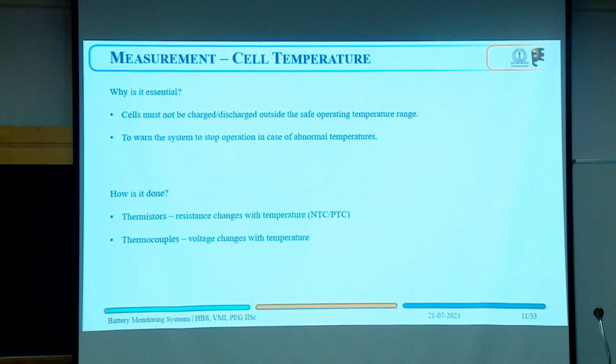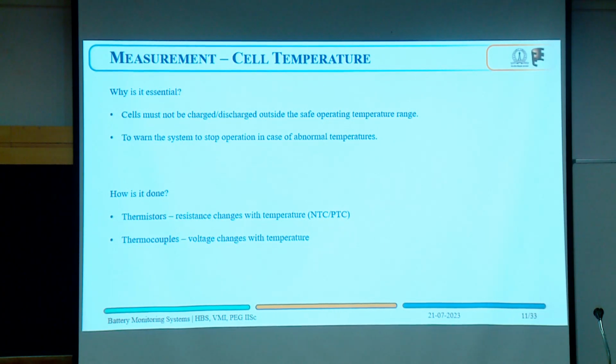So how is it done? We can measure the temperatures by using thermistors, which are like resistors. Its resistance changes with temperature. There are NTC and PTC, negative temperature coefficient and positive temperature coefficient. Resistance falls or rises with temperature. Then we have thermocouples, which are temperature to voltage transducers.